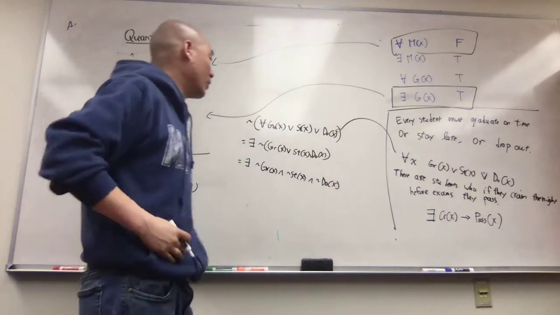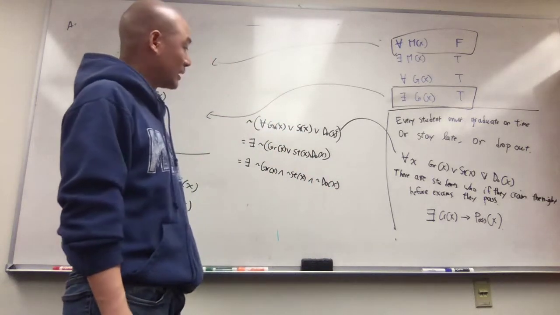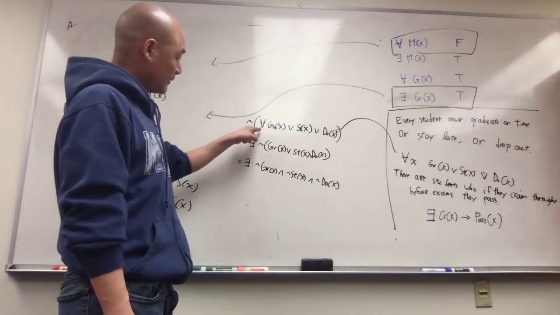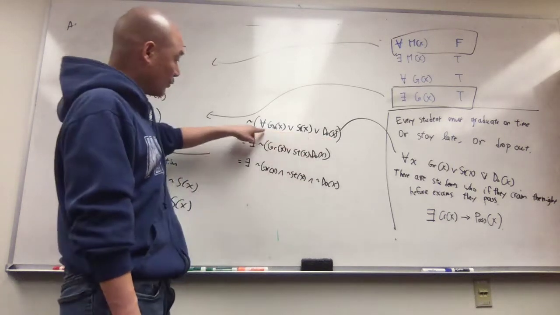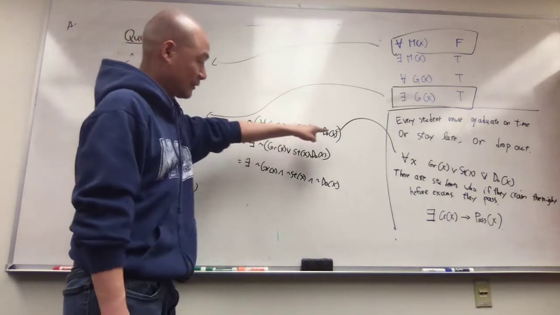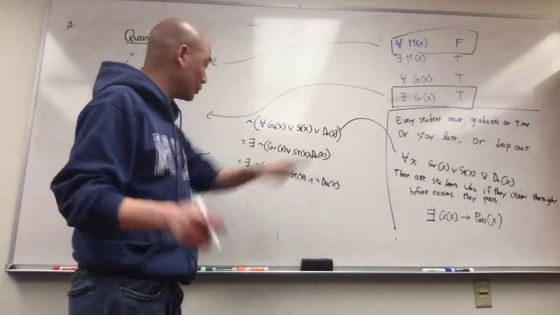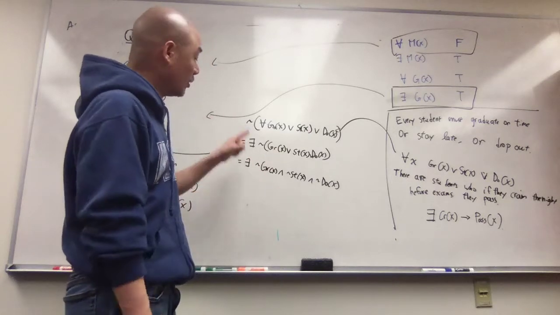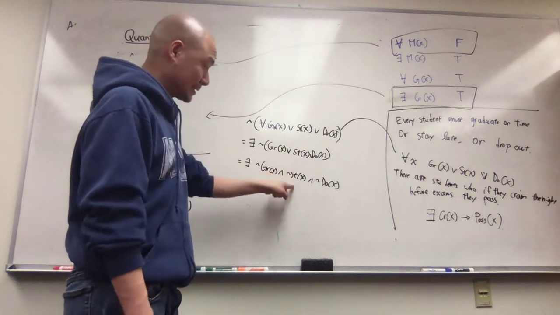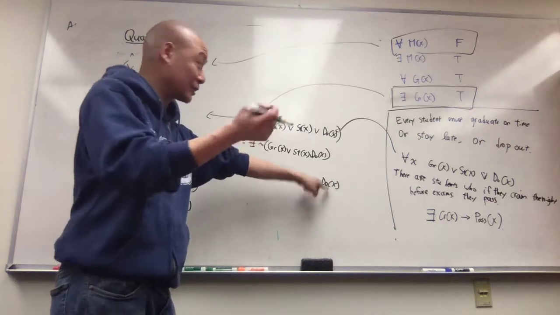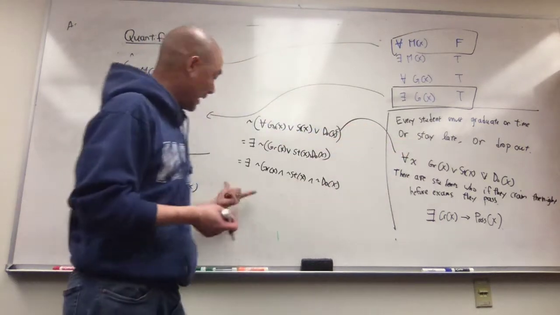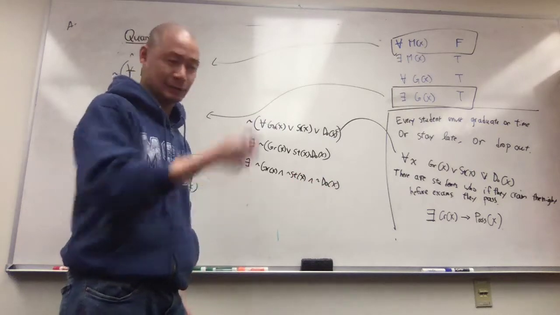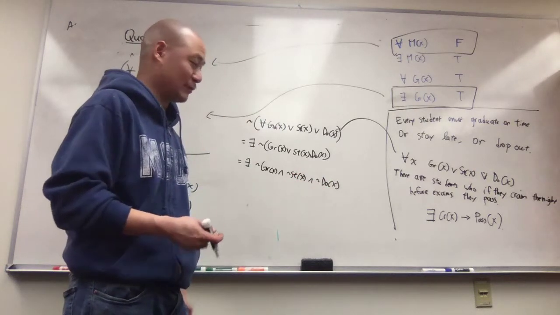And so what we would say about this statement here is our original claim was that everyone has to either graduate, stay late, or drop out. If that's not true, the consequence is that there exists at least one student who didn't graduate and didn't stay late and didn't drop out. Someone managed to beat the system and somehow do a fourth option that I can't really think of what that would be at the moment.